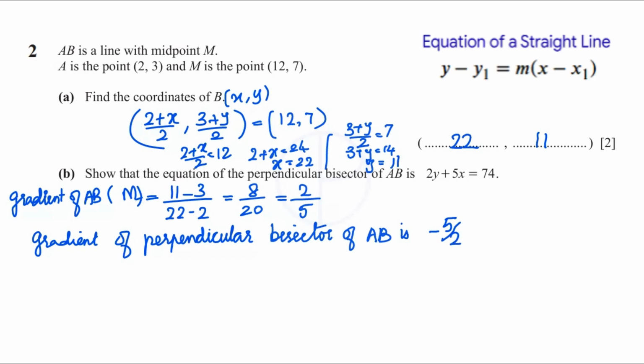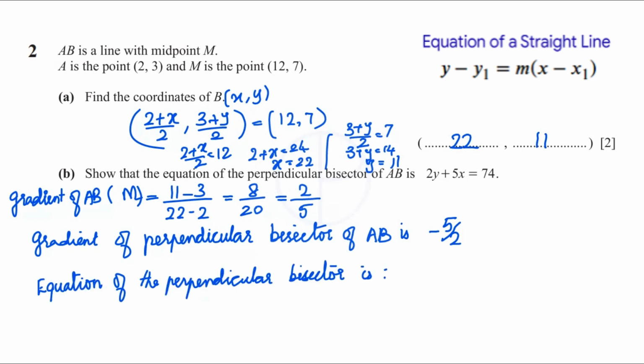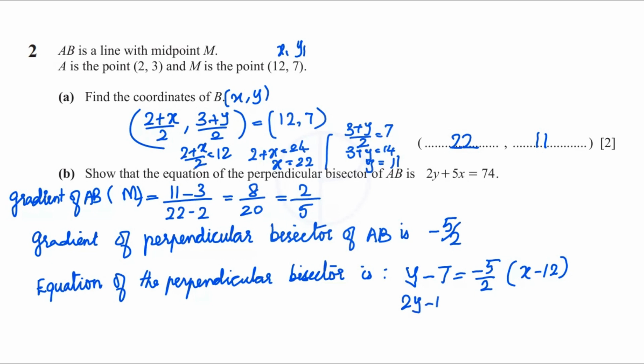Okay, let's write the equation of the perpendicular bisector. Here we will take the midpoint as the point which lies on the perpendicular bisector. We'll take this as (x1, y1). So y minus 7 equals minus 5 divided by 2 times (x minus 12). 2y minus 14 is equal to minus 5x plus 60.